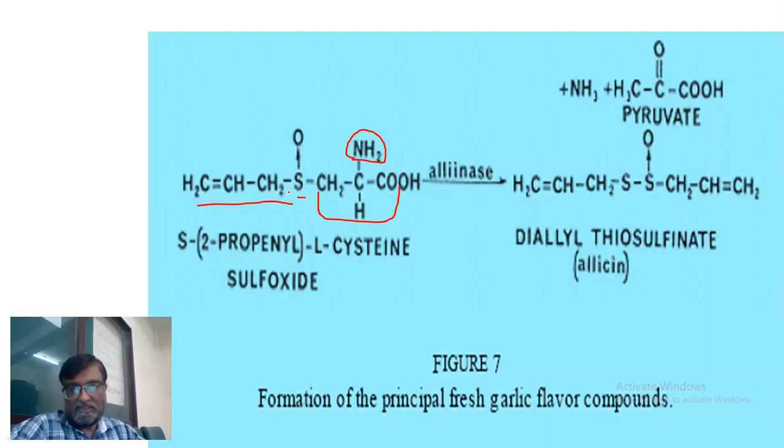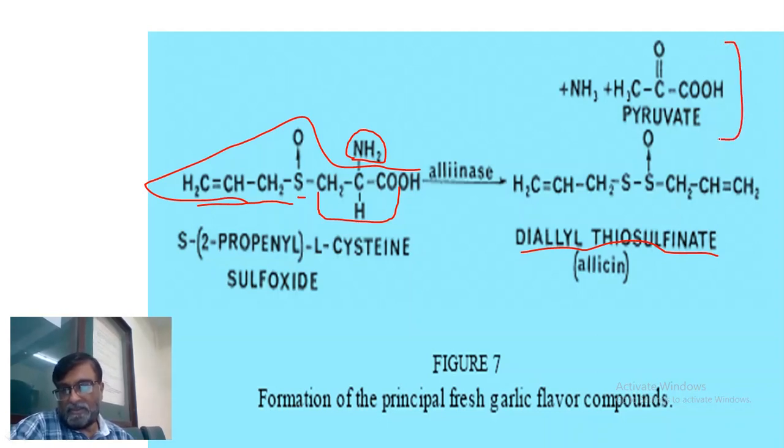So in the case of garlic, some molecules are in combined form, thus forming the diallyl thiosulfinate. That is providing the flavor. This component is not providing the flavor, and is now separated. This diallyl thiosulfinate provides the flavor of garlic, and technically it is called allicin.